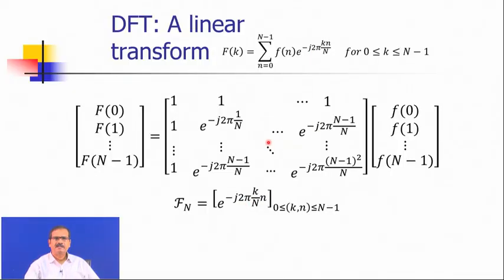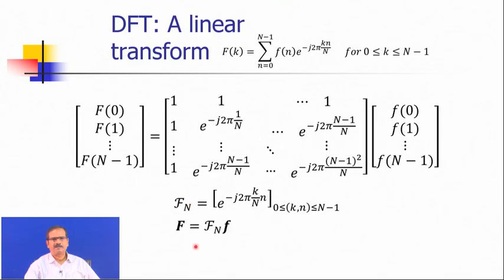We can represent this matrix in a shorter form, where each k and nth element is represented by this expression, and the values of k and n range from 0 to n minus 1, which gives me an n cross n matrix.